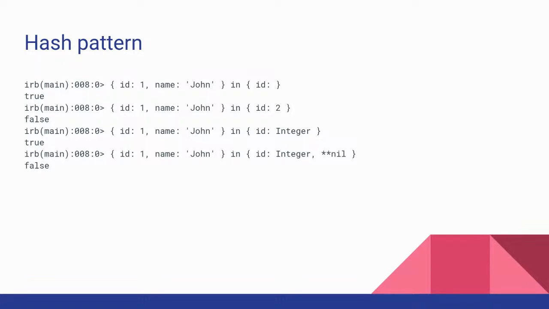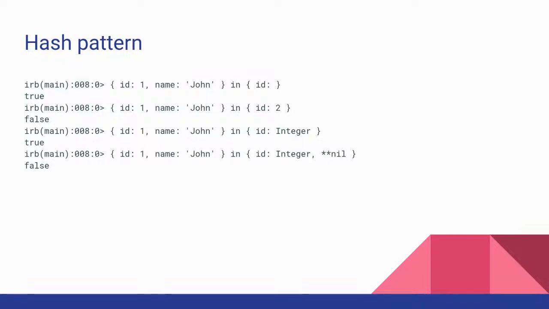Even if there are other keys in our hash, if our pattern can be found, it matches. In our first example, we have the ID key and the other key called name, and we're asking, hey, do you have an ID key in your internals? And it returns true.